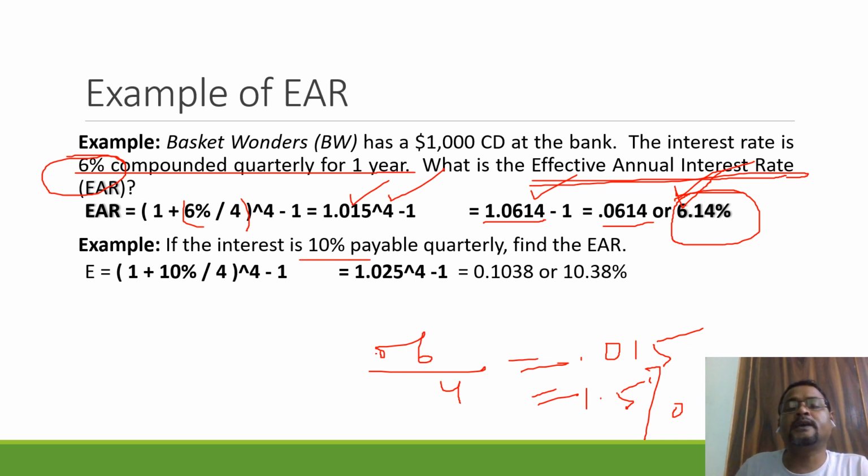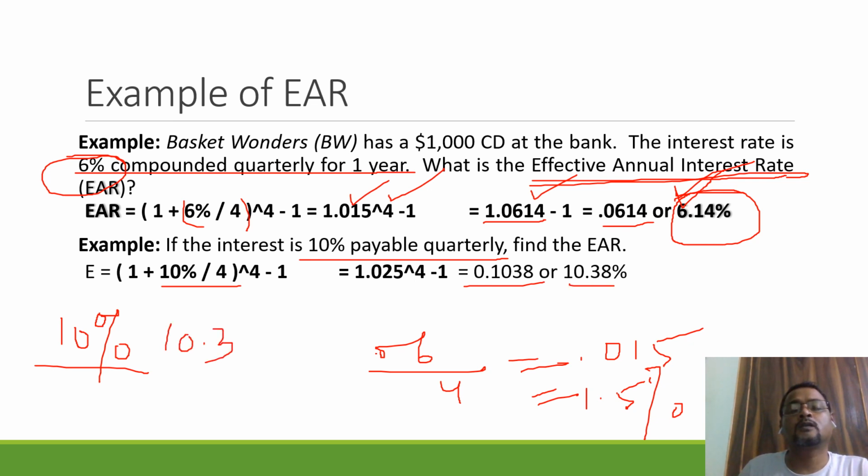If the interest rate is 10% compounded annually, you will get 10%. Let's see if it is quarterly like the above question. 10% by 4, 2.5% to the power 4, gives 10.38%. So your interest rate increased from a nominal 10% to the EAR, the effective annual rate of interest, of 10.38%.